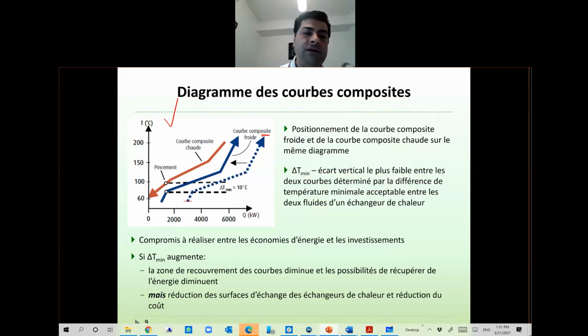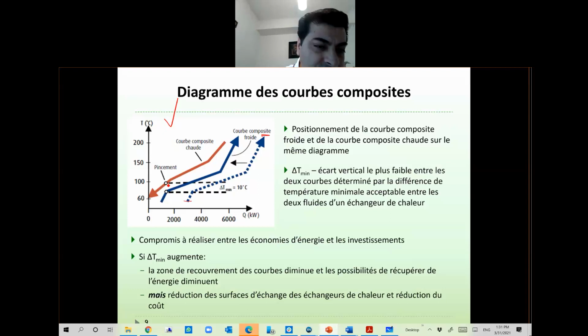If you see, due to the shape of the composite curves, always at one specific point, there is a minimum difference between the composite curve of hot streams and the composite curve of the cold streams.